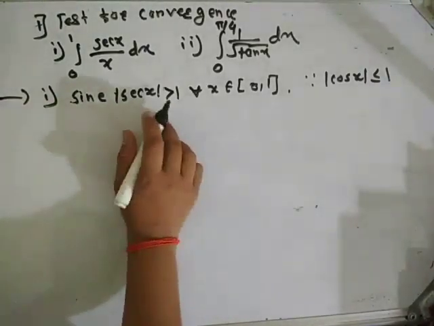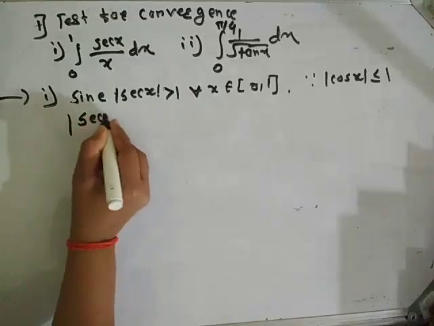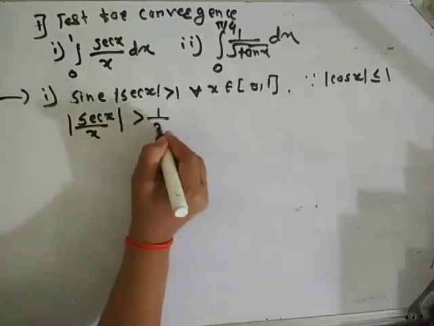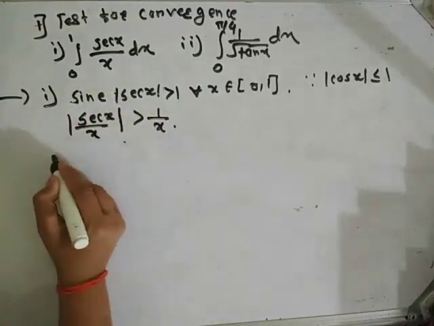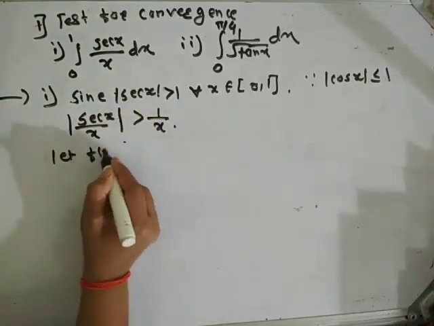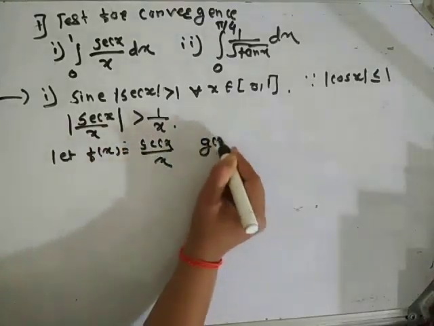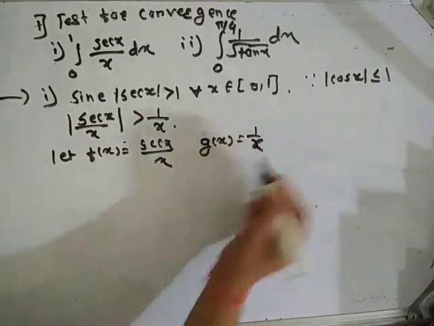Here we will use comparison test. So mod of sec x upon x is obviously greater than 1 upon x. So let f of x is equals to sec x upon x and g of x is equals to 1 upon x.